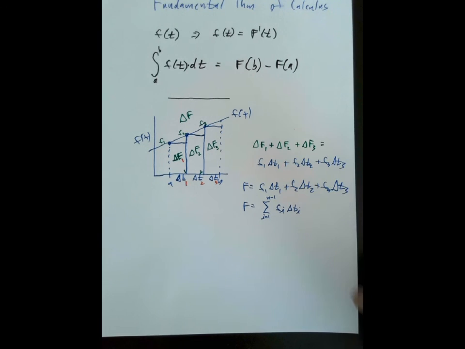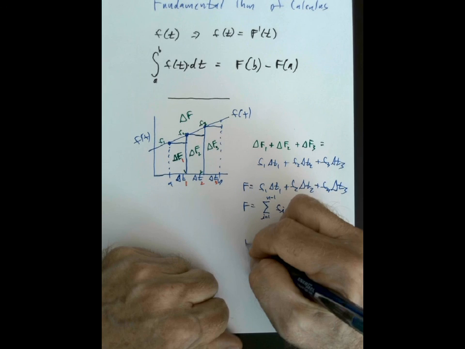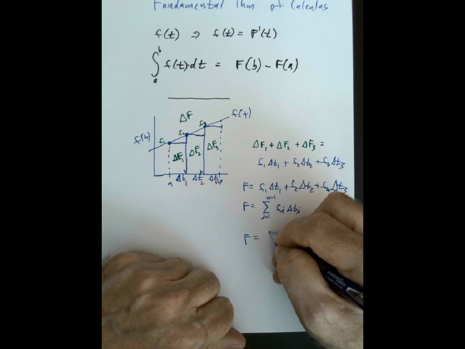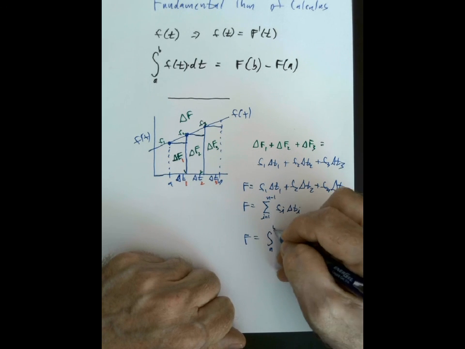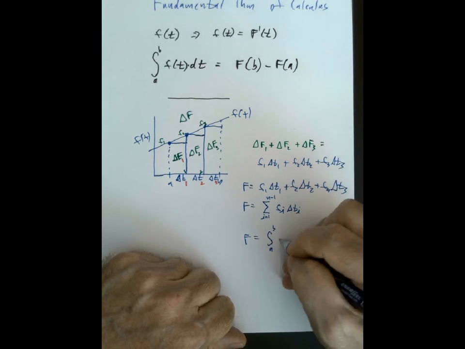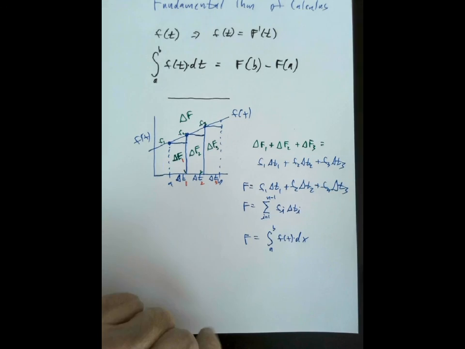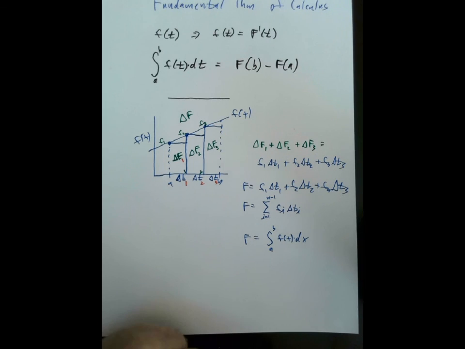And if we let n go to infinity through our limiting process, the area for whatever a to b is, the integral of f of x dx.